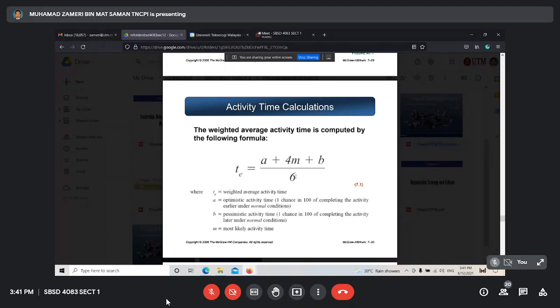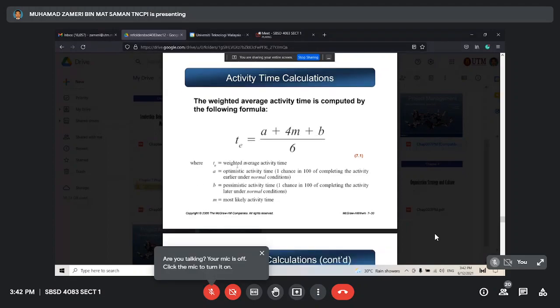Because you see the ratio here: 1 for A, 4 for M, 1 for B. That means 1 plus 4 plus 1, that is 6. Easy to remember. TE, average time, is A plus 4M plus B divided by 6.